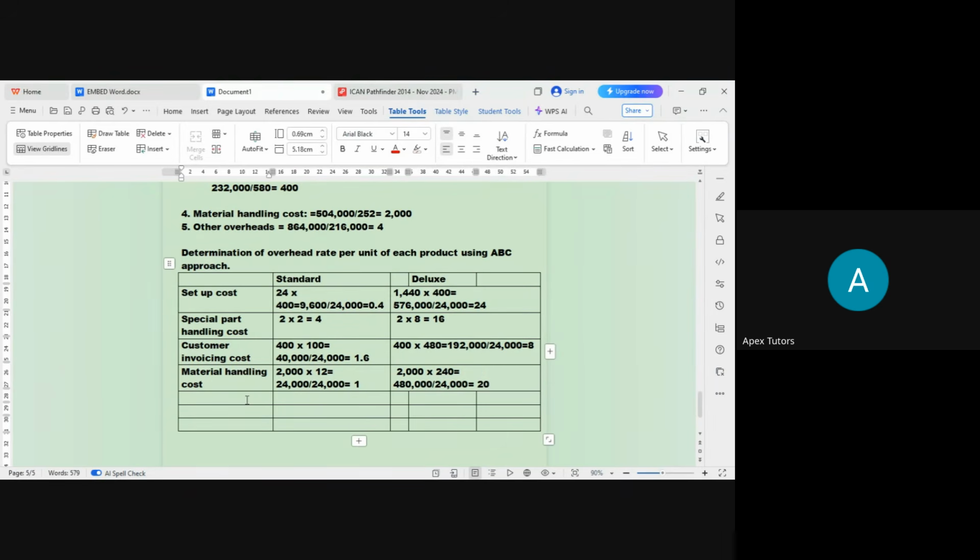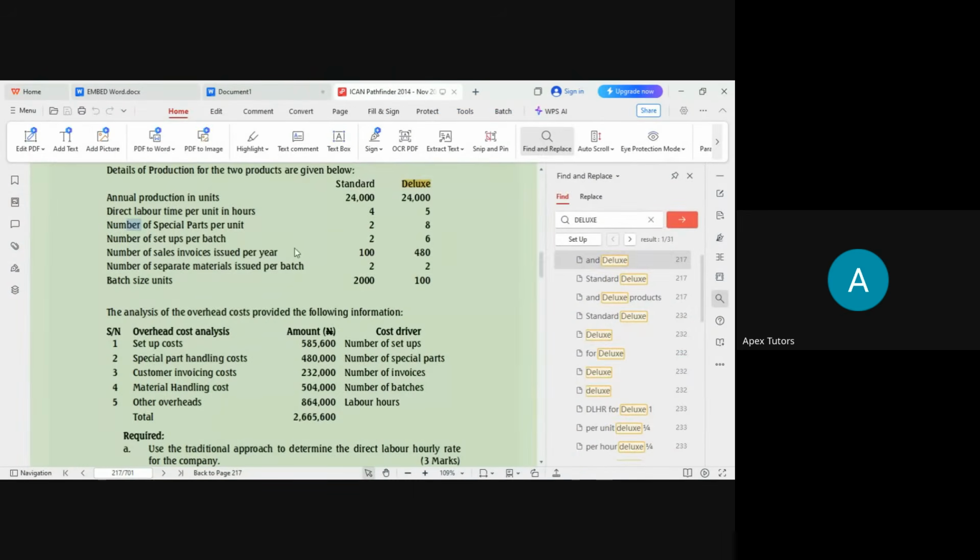Next is other overheads. We have 4. It is on the basis of labor hours.